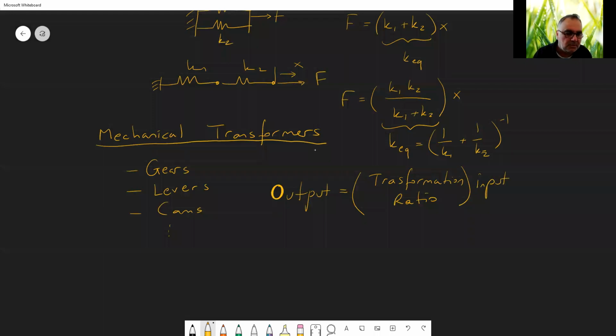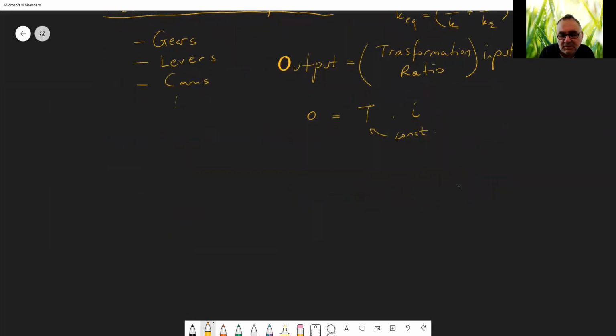So O is equal to, let's say, T times I. And T is usually a constant, at least for the case of gears and levers. For cams, it's a little bit more complicated. We won't go into that.